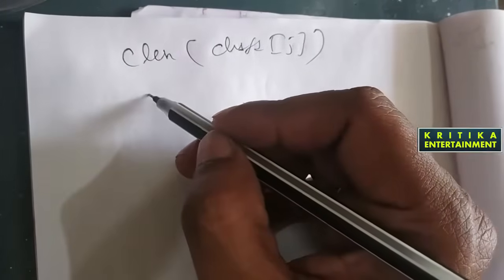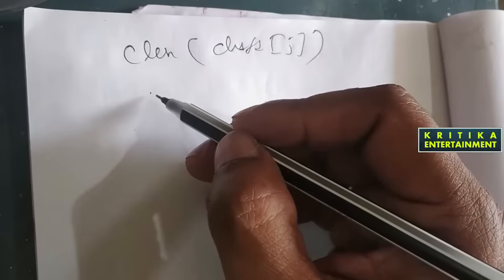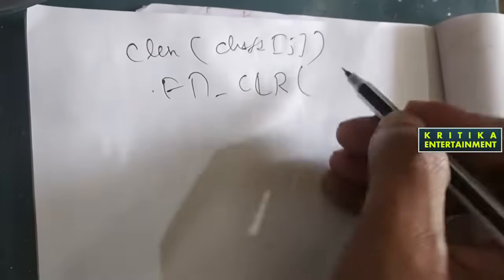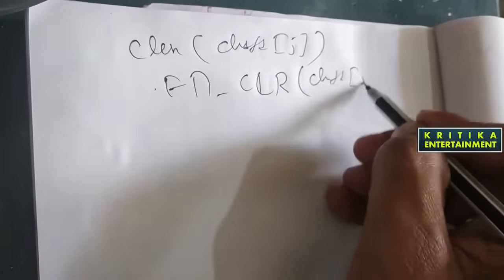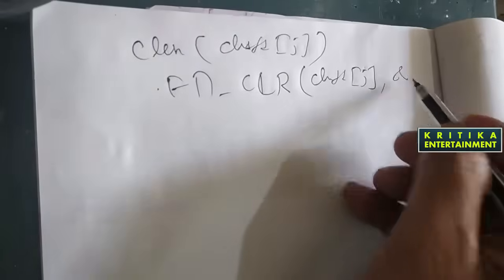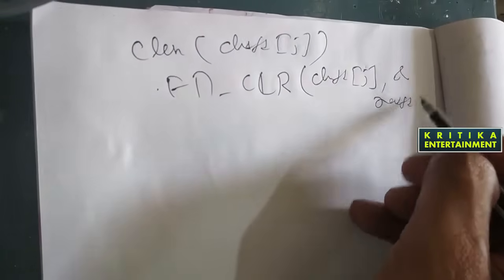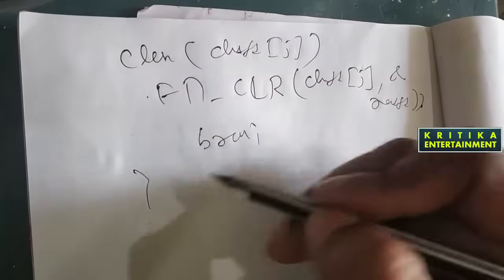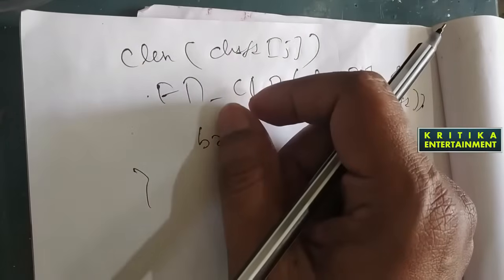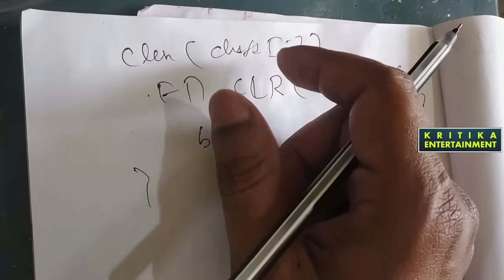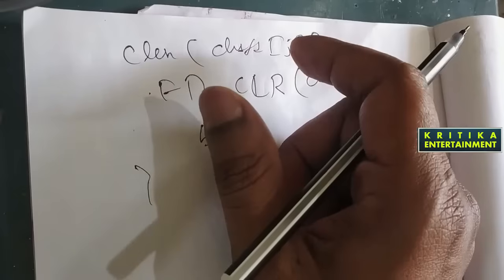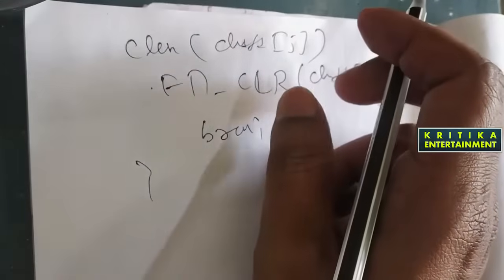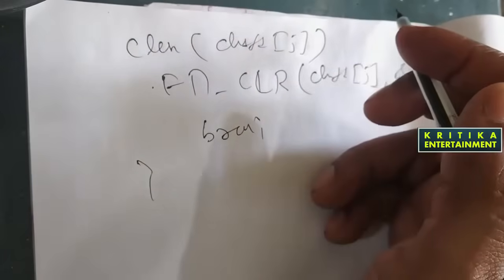So what to write here? Now FD_CLR, then client FD[j], ampersand read FD. Then we put the break. This is the logic of a single server connecting to multiple clients. Now I'll show it on the machine, so come to the practical.